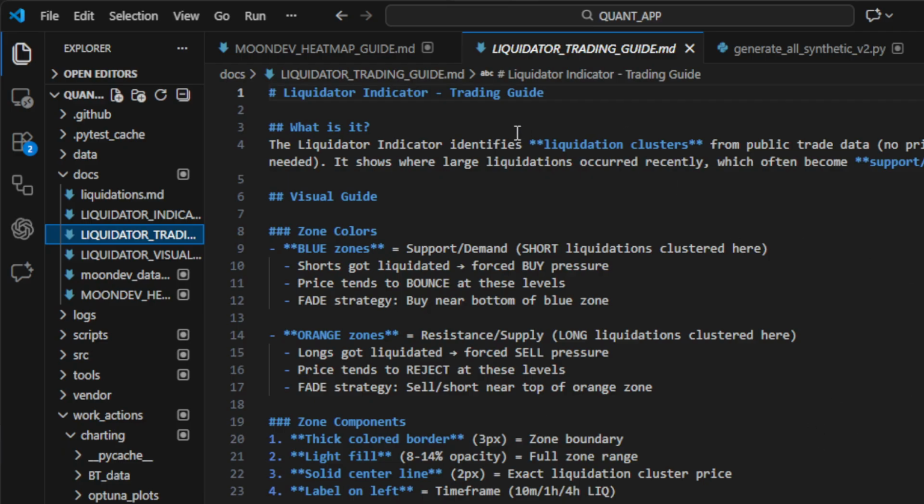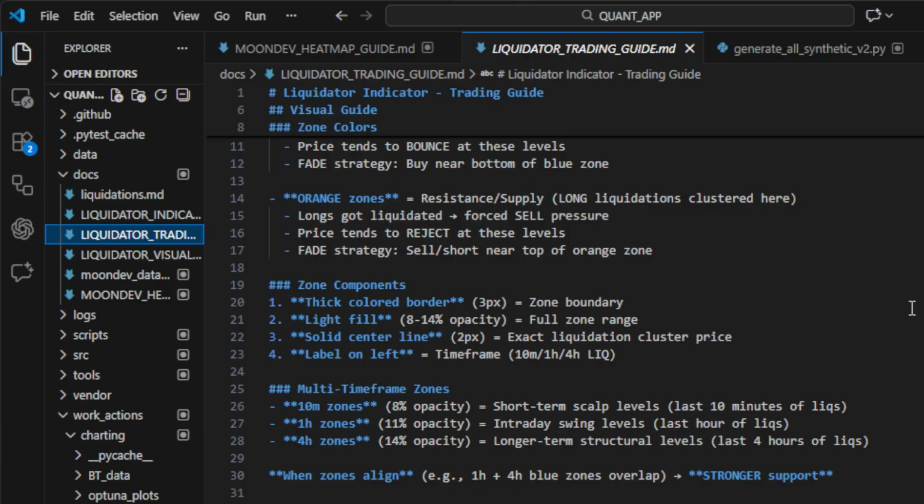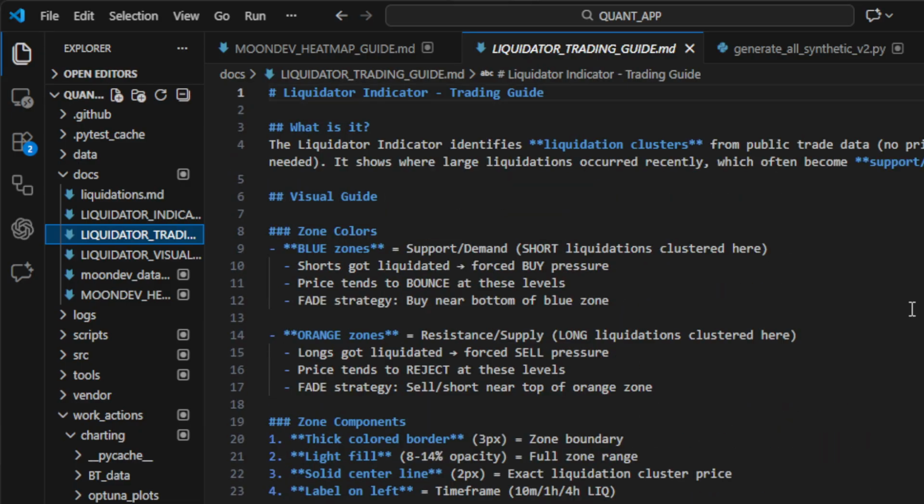The Liquidator Trading Guide. So this is actually trying to tell you how you should look at it. I could maybe go over this one. Zone colors, blue zones. As you can see right now, it's an orange zone that would say we have to go short.